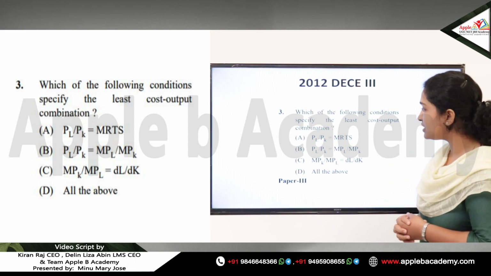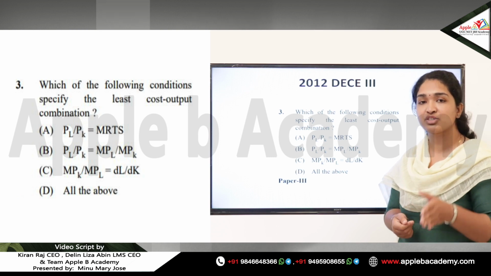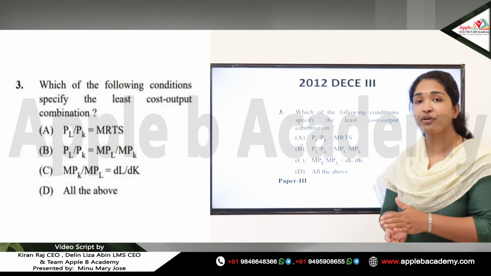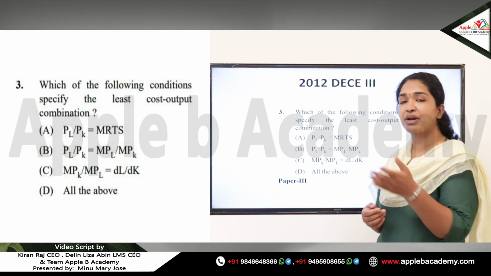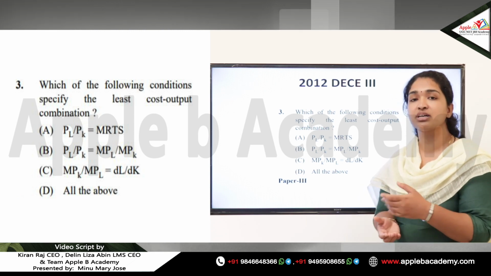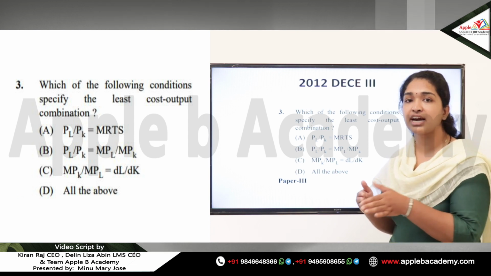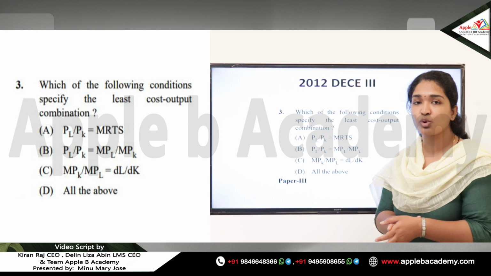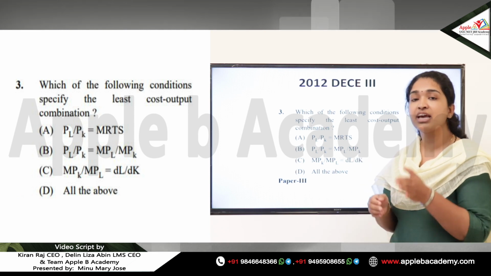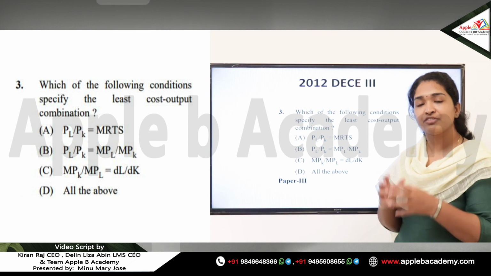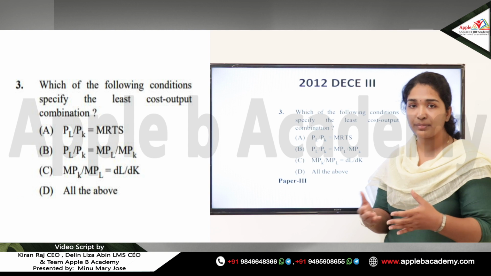So the first option is PL by PK being equal to MRTS, that means the marginal rate of technical substitution, which is the slope of the isoquant curve, being equal to the ratio of the price of the two factors of production. That was the slope of the isocost line. So the isocost line and the isoquant having the same slope, or both being tangent to each other at that particular point. So option A is definitely a condition for this least cost combination, or optimal or equilibrium output level.